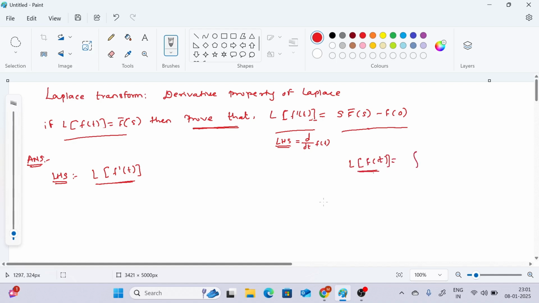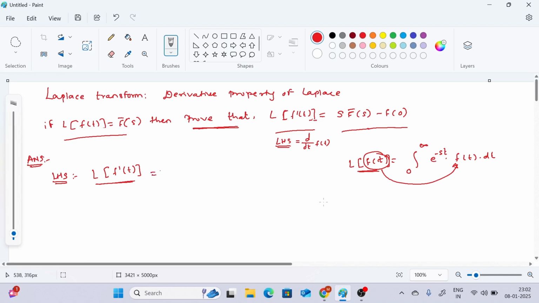Laplace equation is Laplace f of t is equal to 0 to infinity e raised to minus st f of t into dt, right? Now जो f of t यहाँ पे है वही f of t अंदर है, right? So we are going to apply the same logic here.